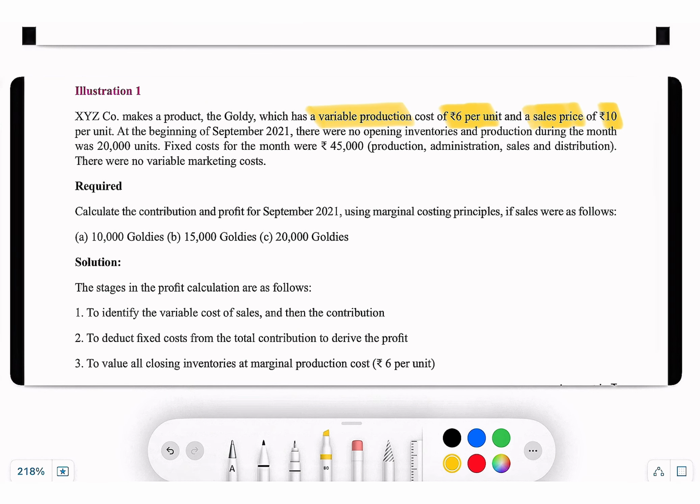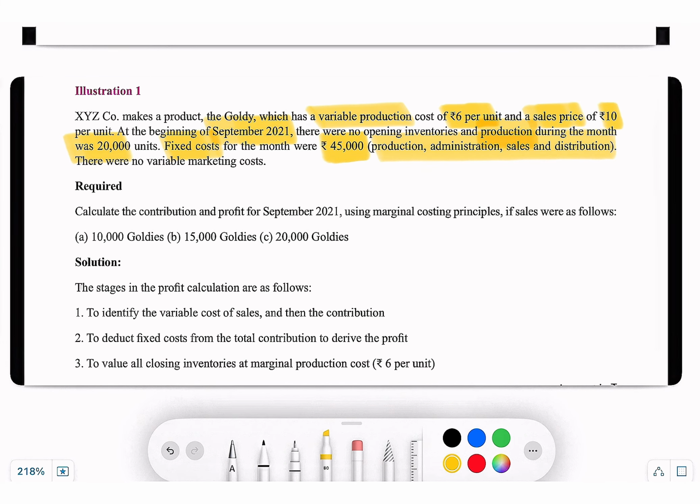At the beginning of September 2021, the production during the month was 20,000 units. Fixed cost will be 45,000. Okay, I'm highlighting these in the question because they are very, very important points. They are given in the question. So the fixed cost is concerned with production, administration, sales and distribution.